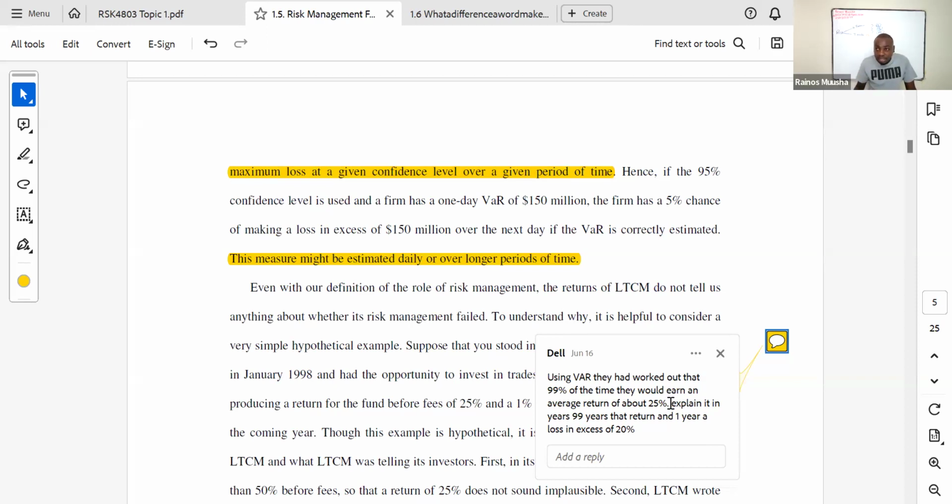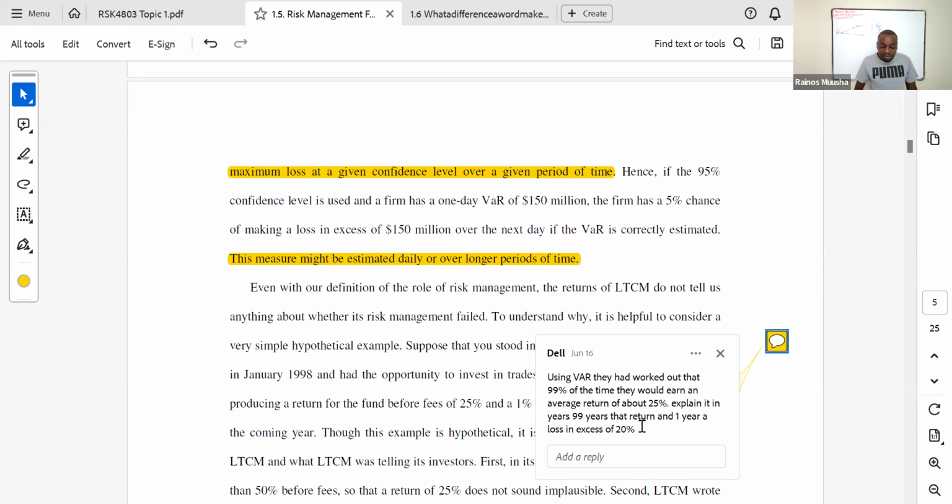So if you now explain it in years, right? They say explaining it in years, it means that in 99 years the return would be positive, and in 1 year, a loss in excess of 20% would be expected.